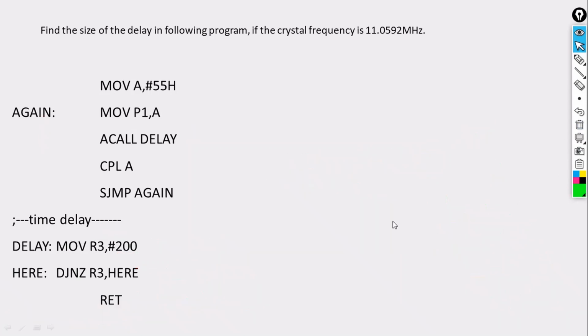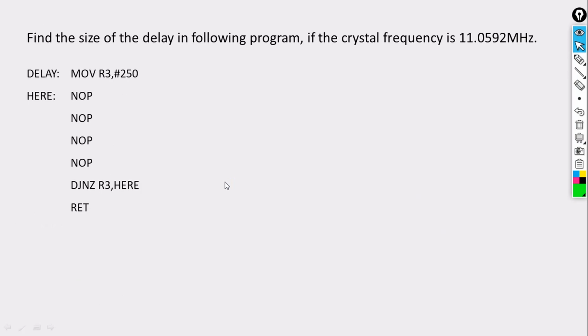Okay, so let us look into some more programs. Here again we are having a similar problem. First I need to find out what we need to perform. This is going to be executed only one time, and no operation, no operation, so this is going to be one time.